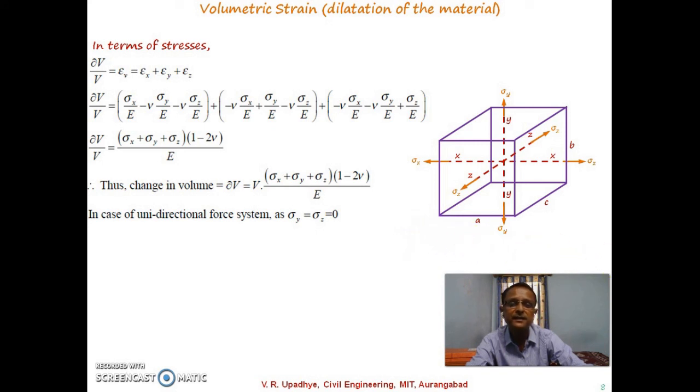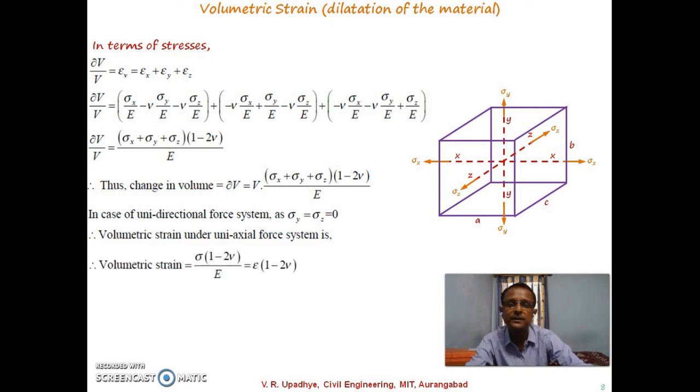If it is a one-dimensional stress system, then only sigma will exist, and the other two terms, sigma y and sigma z, for example, will be 0. Then the volumetric strain for a uniaxial force system becomes, from this part, sigma y and sigma z being 0, only sigma existing, so that will give sigma multiplied by 1 minus 2 mu divided by capital E. And what can be written?